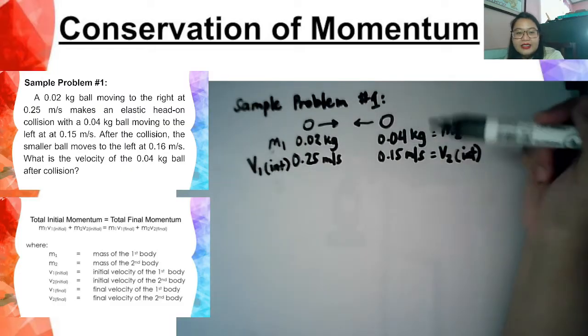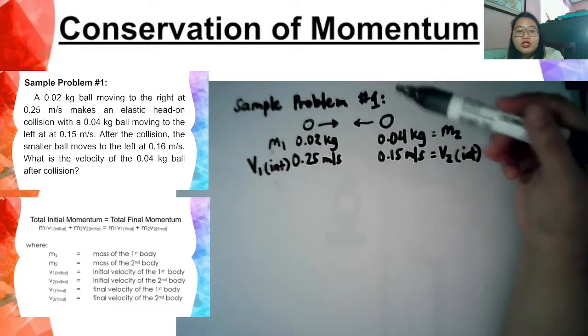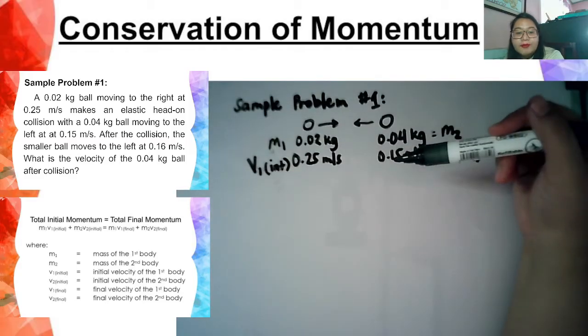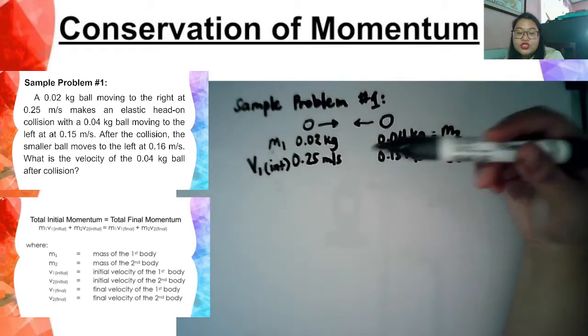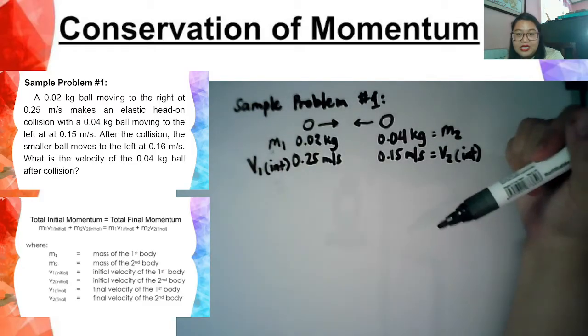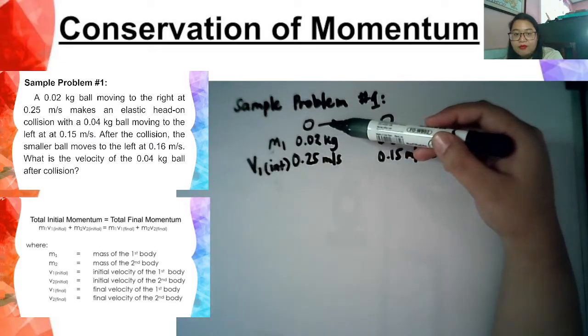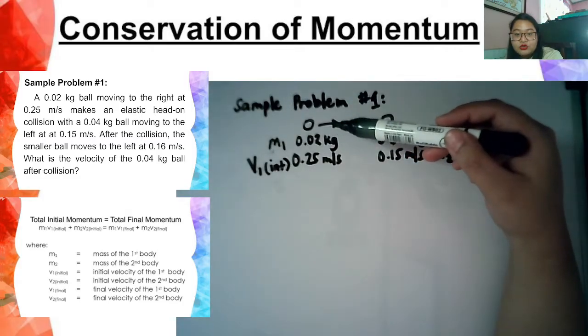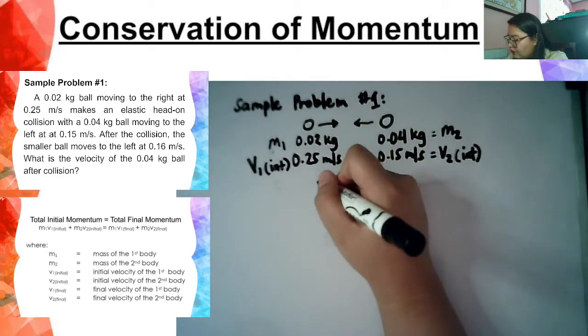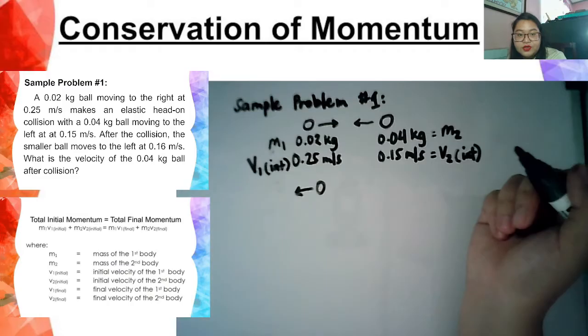Nagkabanggaan yung dalawang bola na yan. Now, after ng banggaan, yung smaller ball ay nag-move papunta sa left at a speed of 0.16 meter per second. So, ulitin natin, ang smaller ball is the first ball, which is 0.02 kilogram. Ito daw ngayon, after the collision, nag-move na siya papunta sa left.